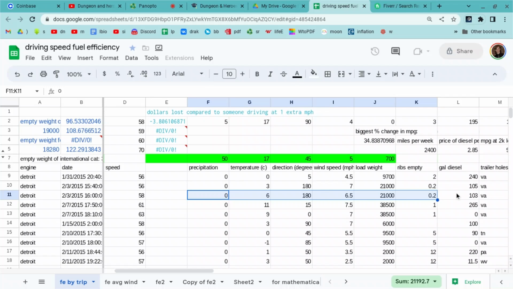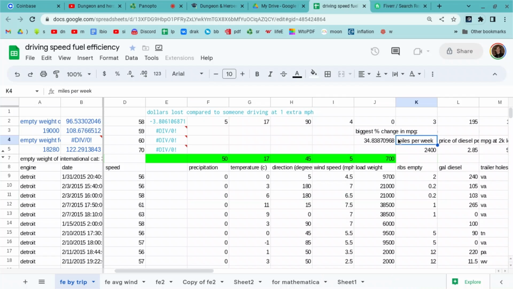Actually, I would break it up into how many gallons of diesel I used and how many miles I drove during the stretch. So next time, let's say I'm going to drive empty, load weight is zero, 200 gallons, whatever, in the tanks. For the weight, it calculates it; there's an equation for it.